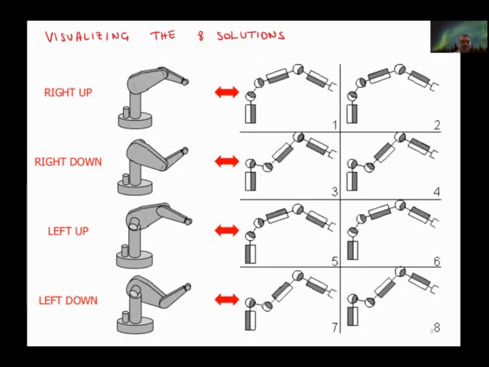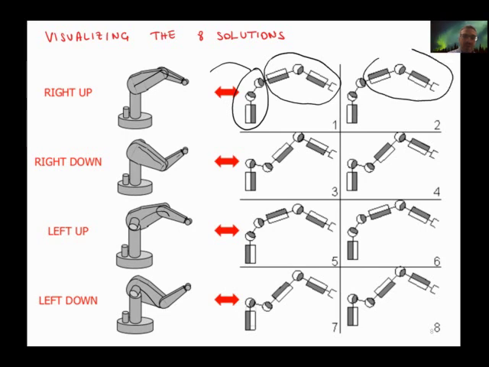In this case, we see the elbow up solution right, the elbow down solution right, elbow up solution left, elbow down solution left, that are appended with the 2 solutions for the last 3 joints of the wrist that result in the same orientation.